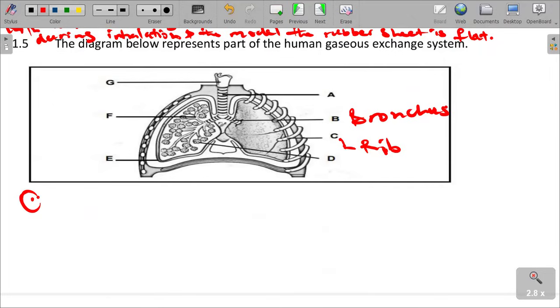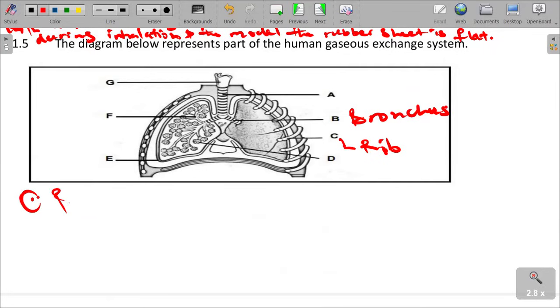The double membrane that you are seeing here is along the lungs. We talked about that in the previous questions: there is the pleura, which is a double membrane that protects against friction.